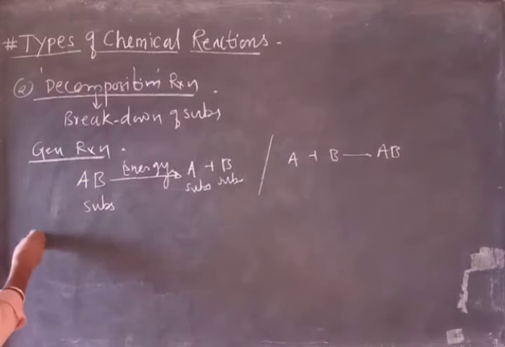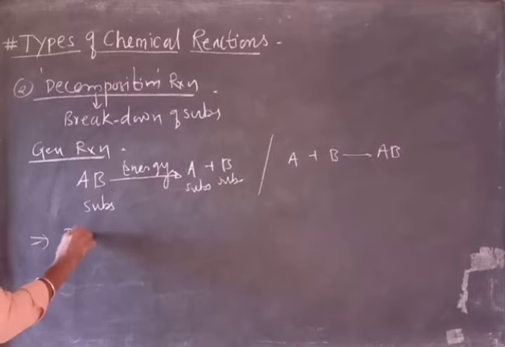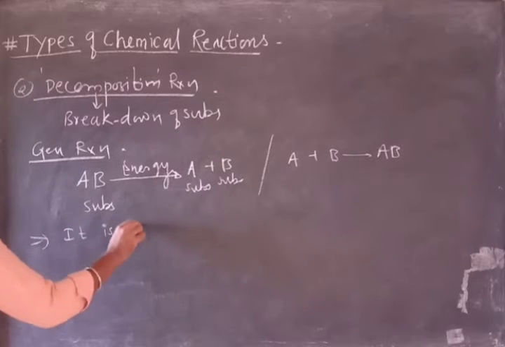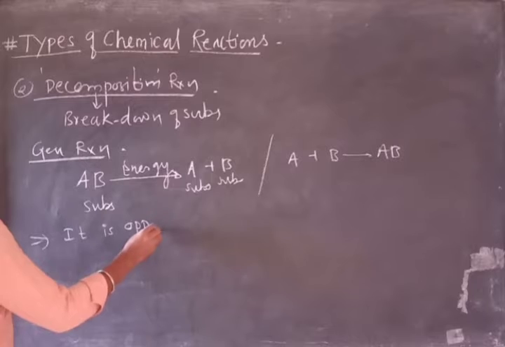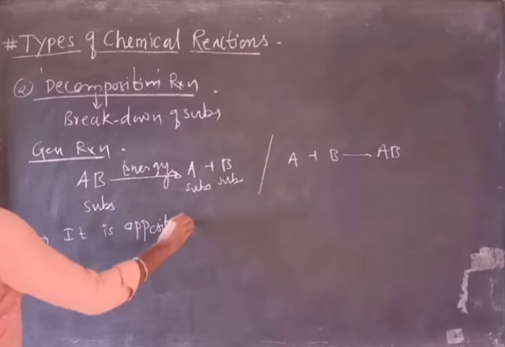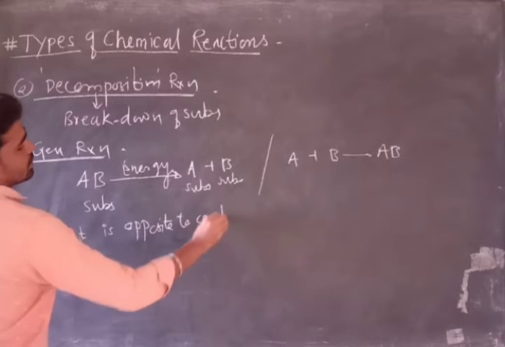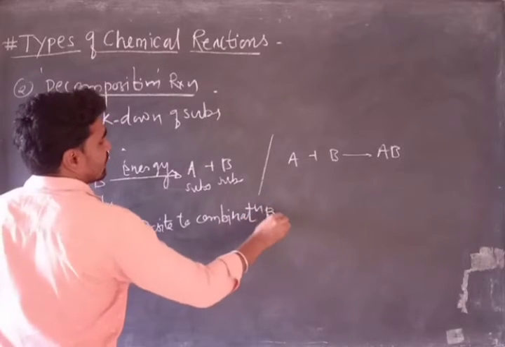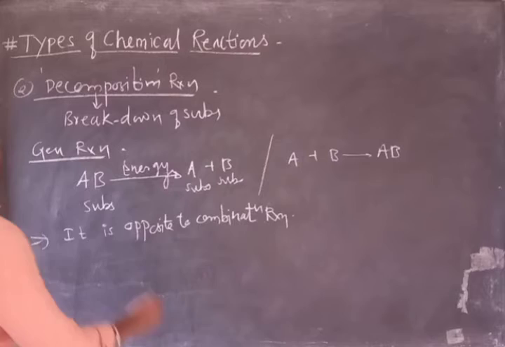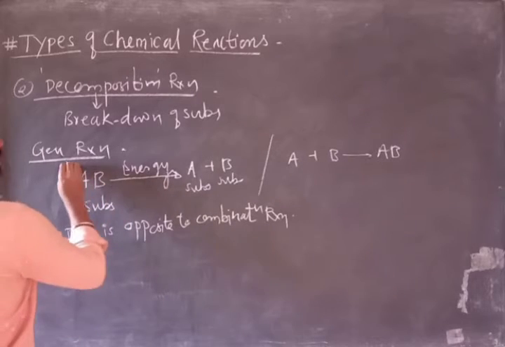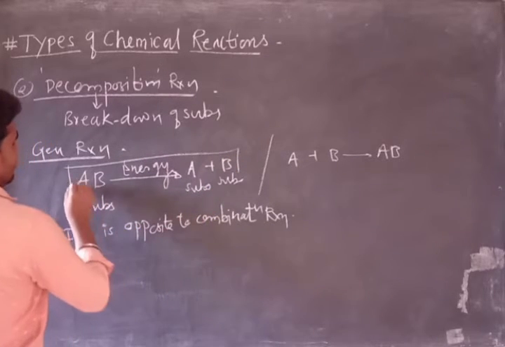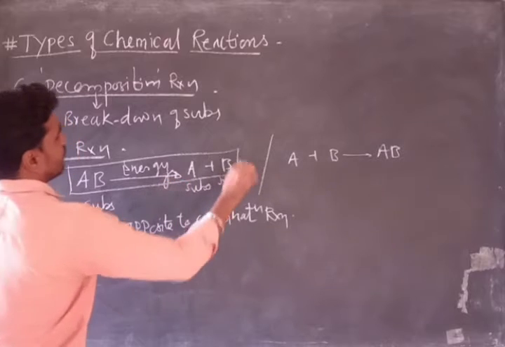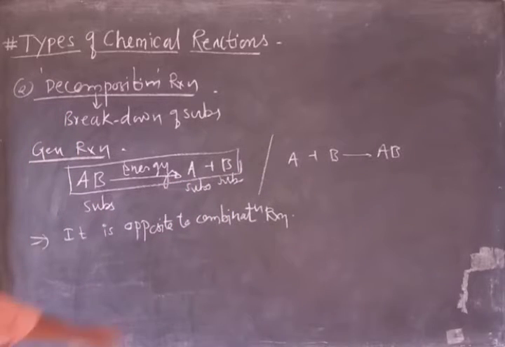So we can write here, it is opposite to combination reaction. This is the opposite pattern of the combination reaction, in which AB is a substance and because of some energy it is going to break down into one or more substances, that is products.